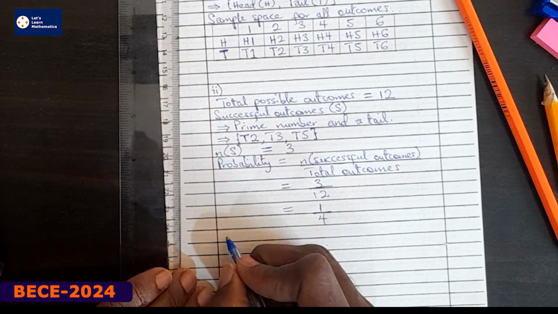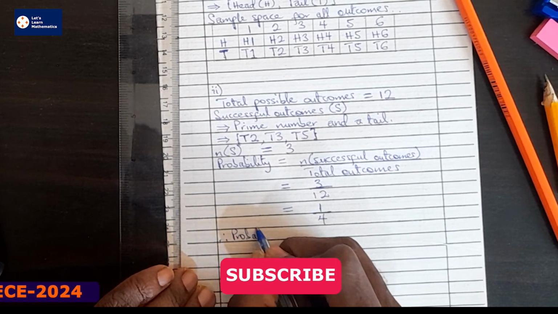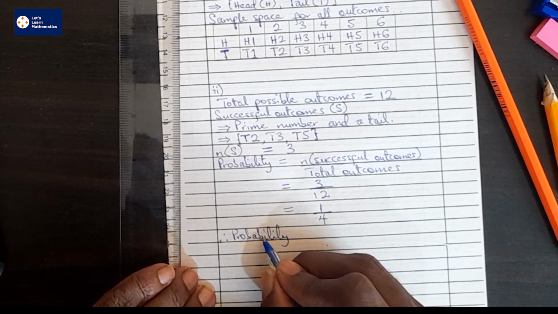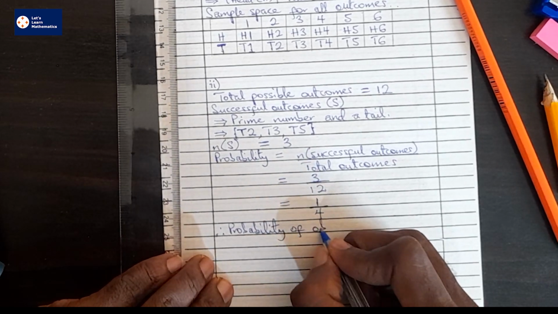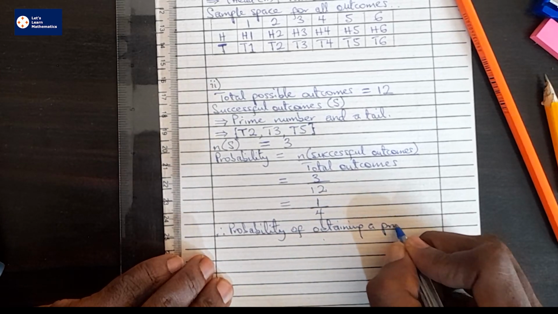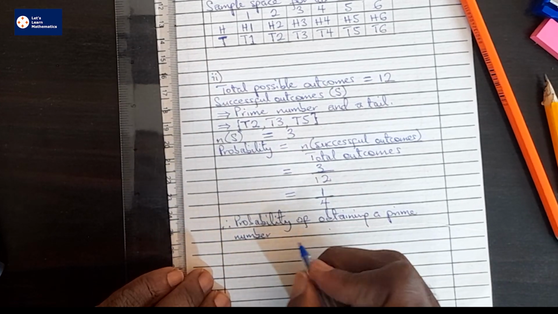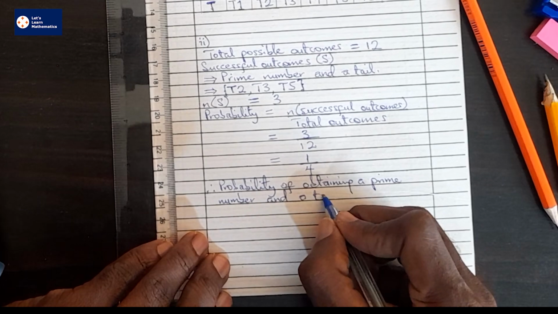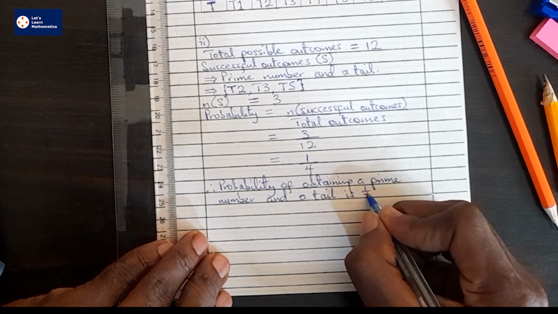So it implies that we can say, therefore, the probability of obtaining a prime number and a tail, that is 1 out of 4.